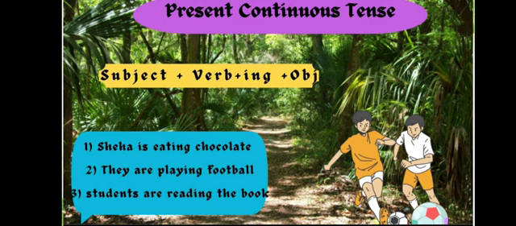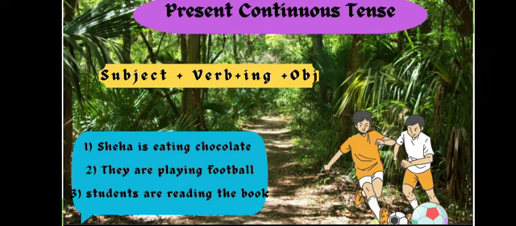Neha is eating chocolate. What is the formula? The formula is subject plus verb plus ing plus object. Here we see the examples. Neha is the subject, is is the auxiliary verb, eat is the verb, and ing is added here, and then the object is chocolate. Similarly, in the next example, they are playing football.